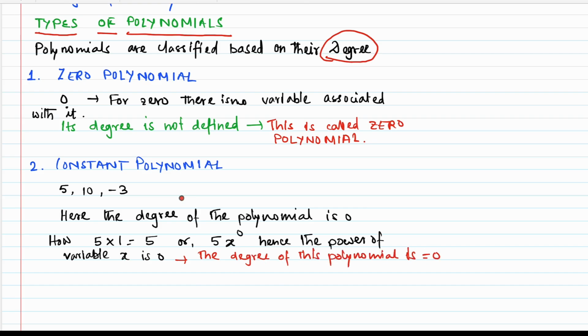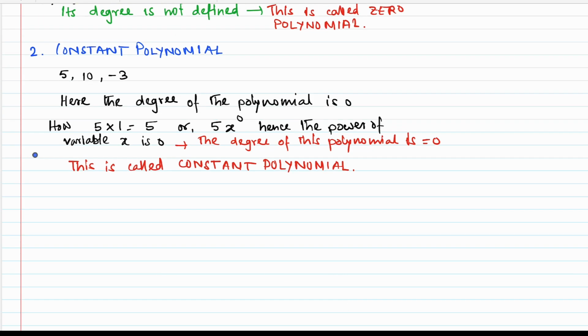The degree of this polynomial is 0, because the variable's power is 0. So this is called a constant polynomial. In any problem, if they give a constant polynomial or the zero polynomial, you can easily identify how it looks.